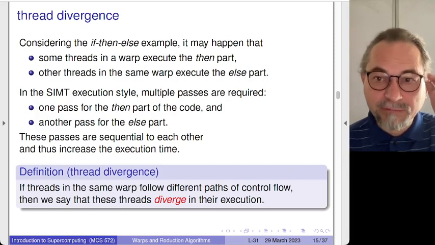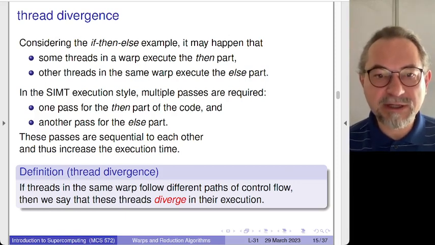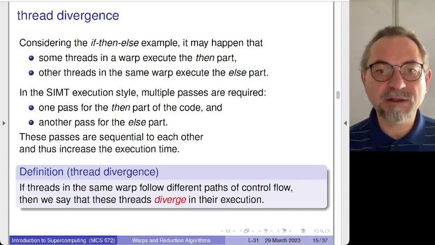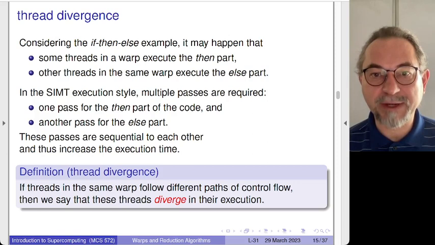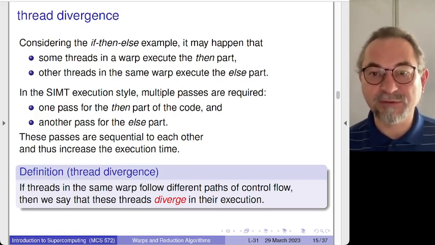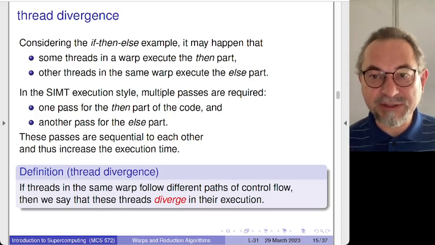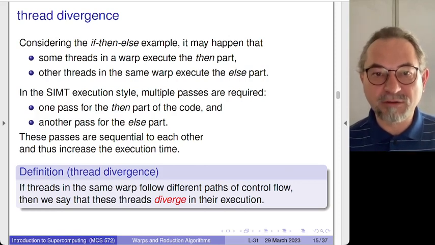Okay, so here is one of the central slides in this lecture. Given the fact that some threads in a warp execute the then part, other threads execute the else part. In some sense, with the reasoning from sequential code, this is perfectly natural. But in the parallel world, this is a contradiction.